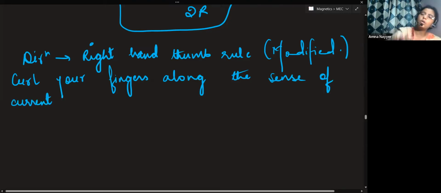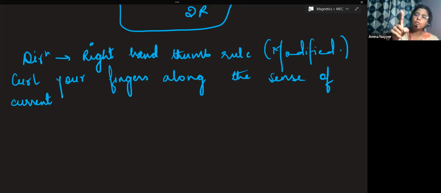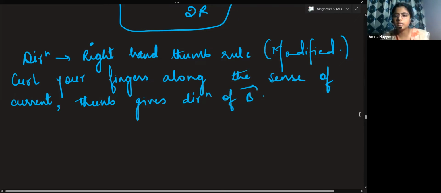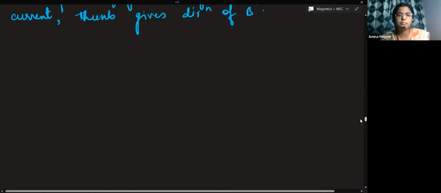If the current is flowing like this, curl your fingers like this along the sense of current. Then the thumb gives the direction of the magnetic field. Let's not end here. Let's discuss an example on this.